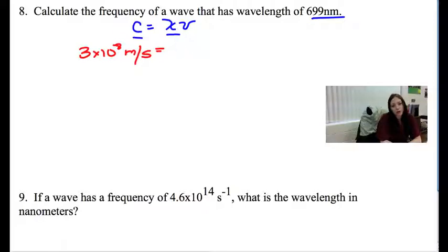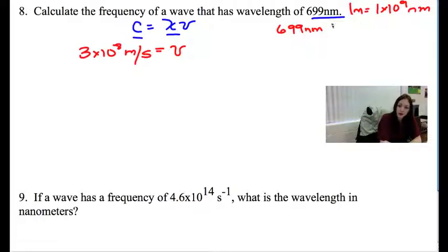So we're going to plug in our meters there when we get it. You're trying to remember how many meters are in a nanometer. Well, there are 1 times 10 to the 9th nanometers in 1 meter. Nanometers are very, very little. So if I have 699 nanometers, I have way less than a meter. Because in 1 meter, I have 1 times 10 to the 9th nanometers.